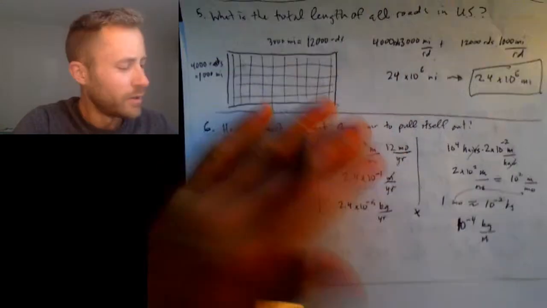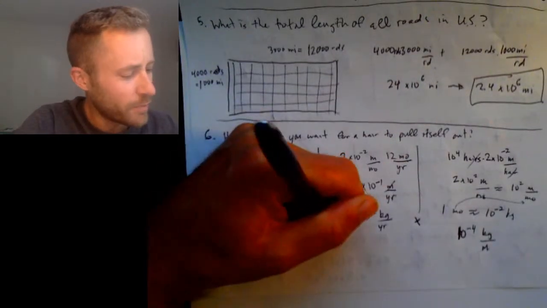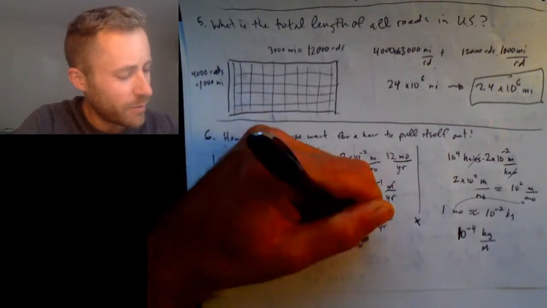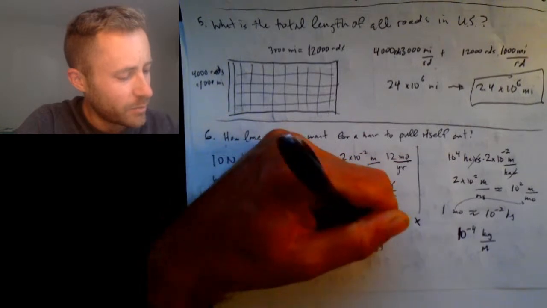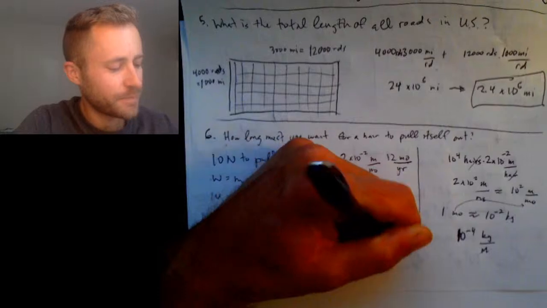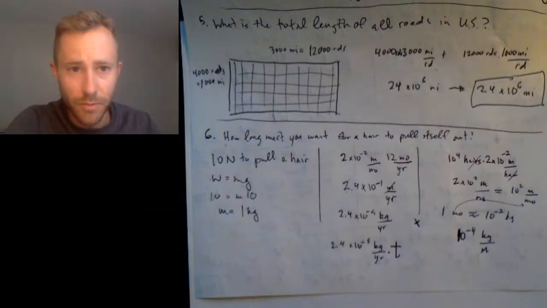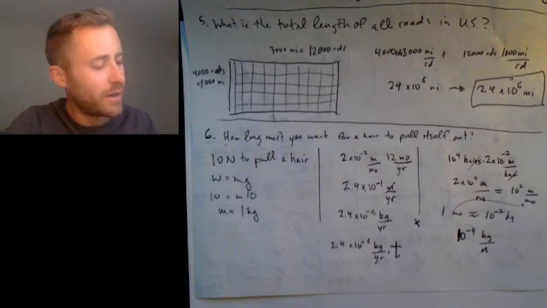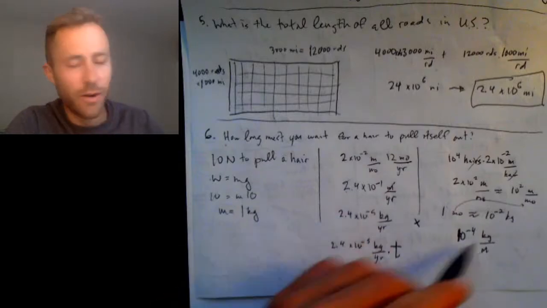All right, so if I take 2.4 times 10 to the minus 5 kilograms per year, and I multiply it by time, that's going to be the number of kilograms of hair that I've grown. Okay, and this is for a single hair, by the way.